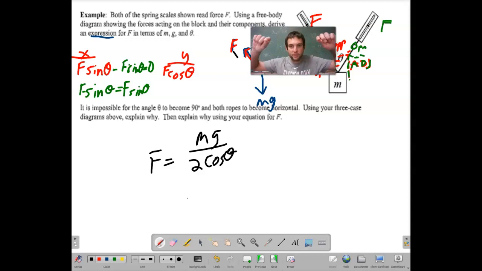We can't ever bring it down to be exactly horizontal because you have to have a vertical component. That's the physics explanation. But then you bring along the theoretical explanation, this math. If you're dividing by 0, the force would be infinite. You couldn't have it. So using math laws and logic, we're able to see that 90 degrees is absolutely impossible. And using physics, we're able to see 90 degrees just doesn't make sense.